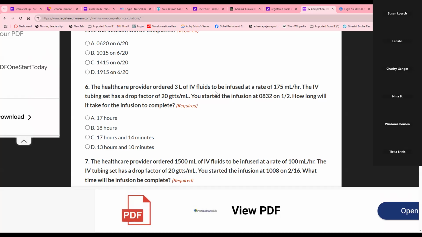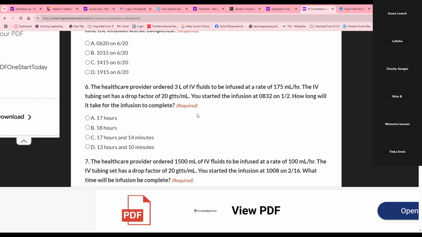So that's going to take 17.1 hours to infuse. That's 17 hours, and the 0.1 times 60 gives the minutes. So really the answer here should be A, because 14 minutes would be too long.